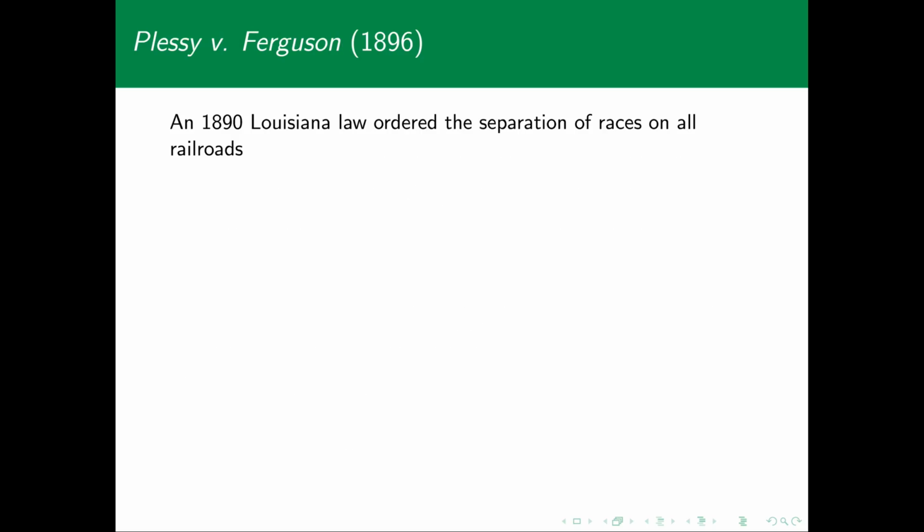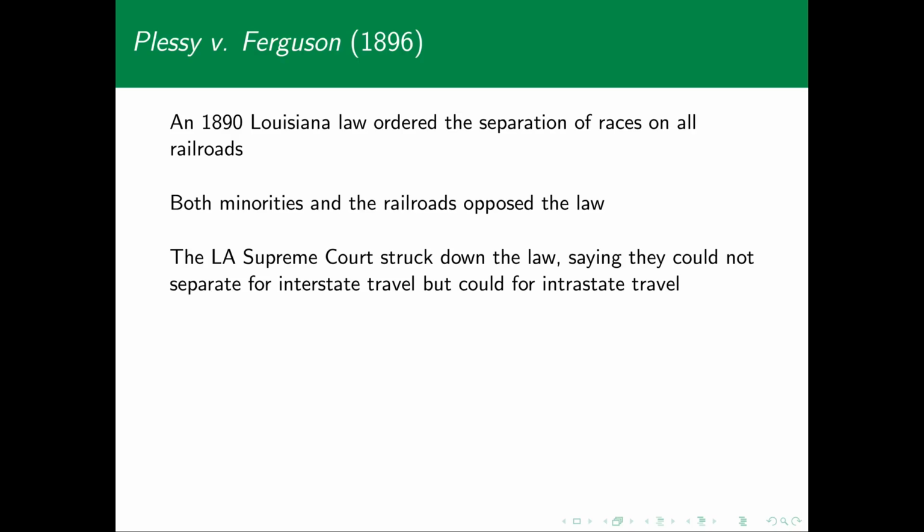So in this case, in the late 19th century, Louisiana had a law that required the separation of all races on the railroads. So there was a black car, there was a white car. Both minorities and the railroads opposed the law, so the railroads didn't even want the law. Interestingly, the Louisiana Supreme Court struck down the law, saying they could not have separation of races for interstate travel, which the law did, right?